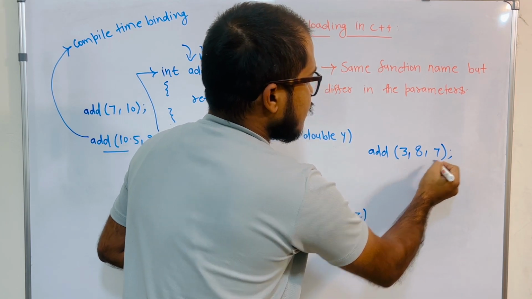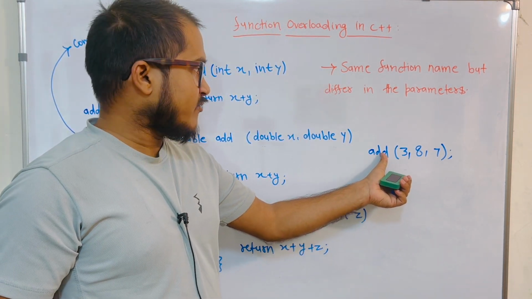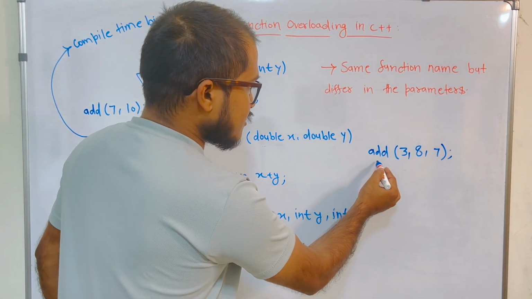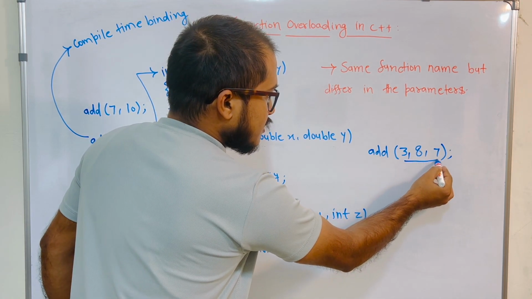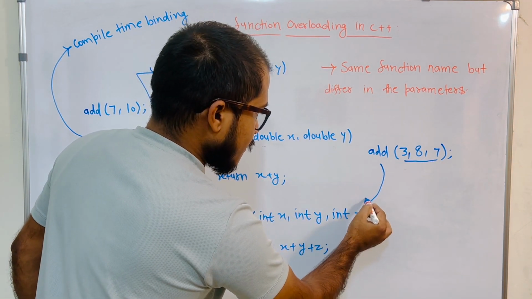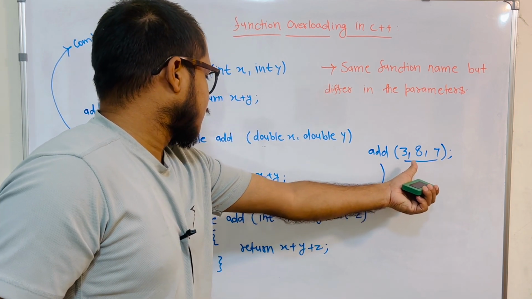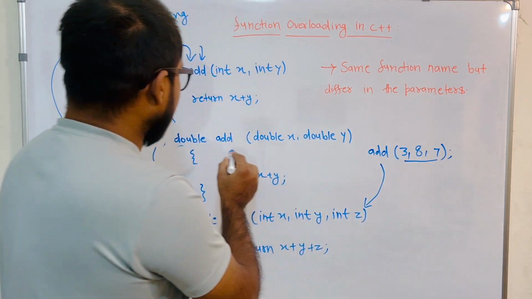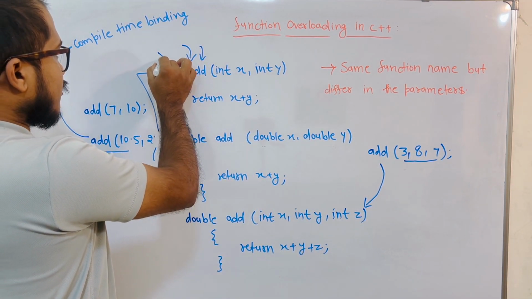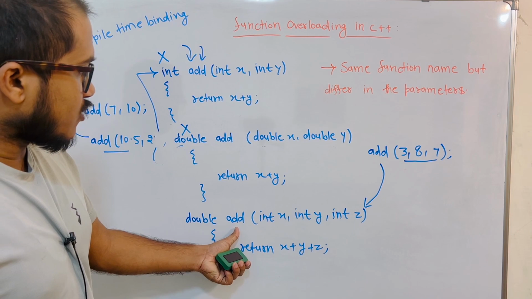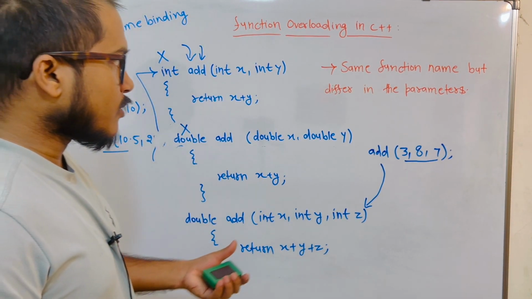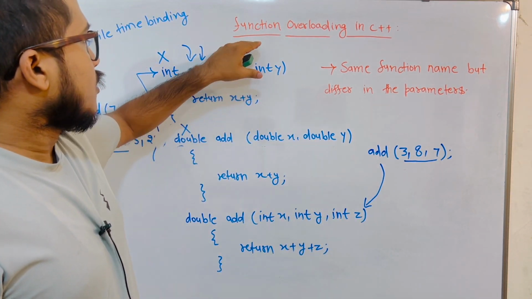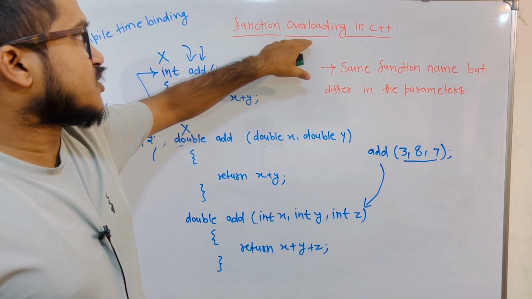The compiler at compile time will check which function to execute at runtime. It will find that there is a function which takes three integer arguments and returns the sum, so it will not call the other one, but instead call this particular function. Again, this is called compile time binding, or function overloading.